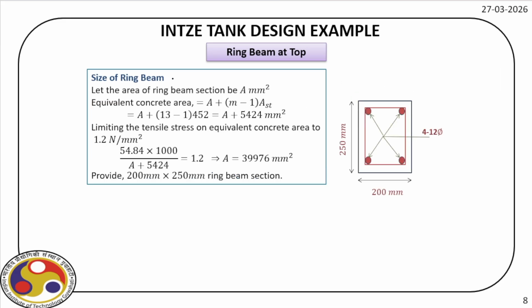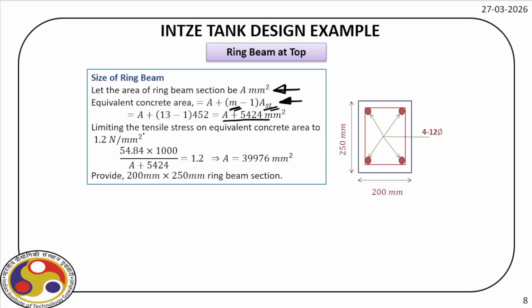Now the size of the ring beam, for that let the size be A. So the equivalent concrete area we can find out using modular ratio. This expression is familiar to you. So we already have evaluated AST, we know M. So equivalent concrete area is this one, A plus 5424 millimeter square.